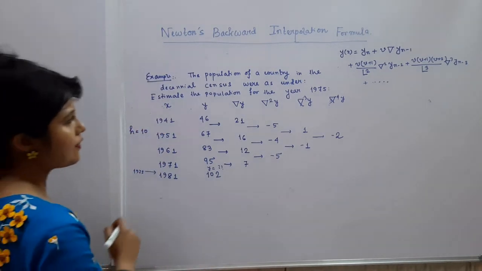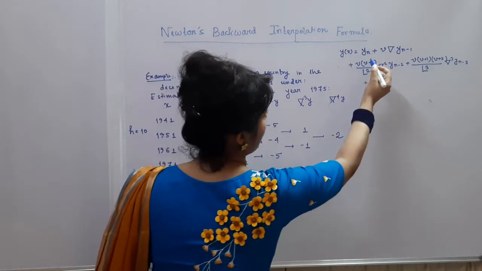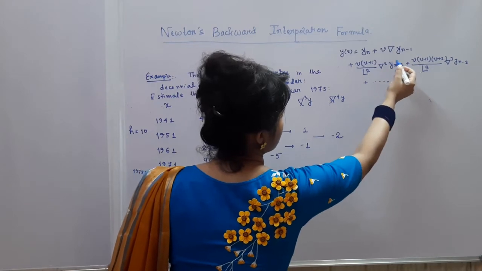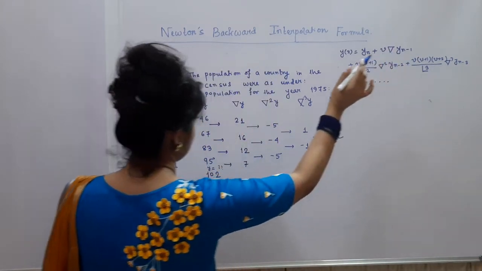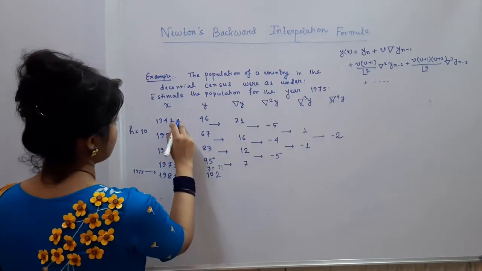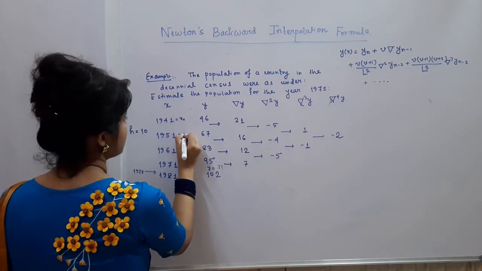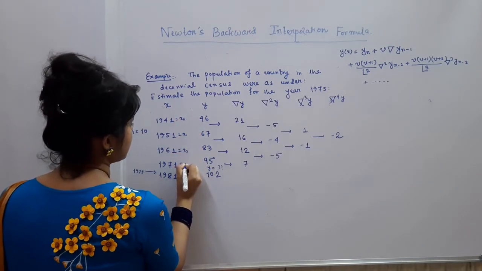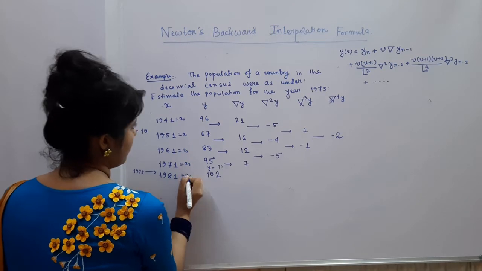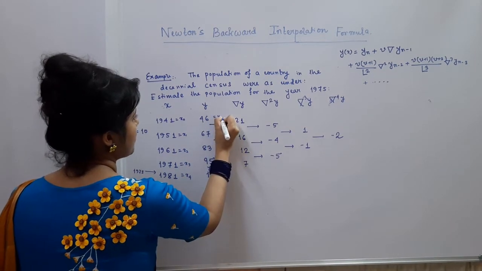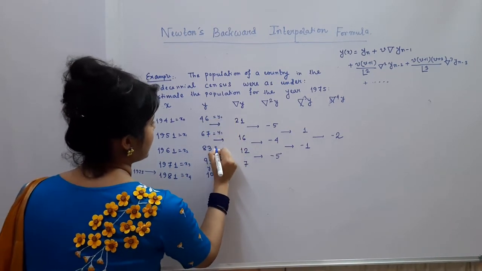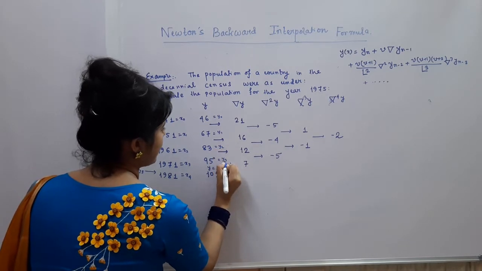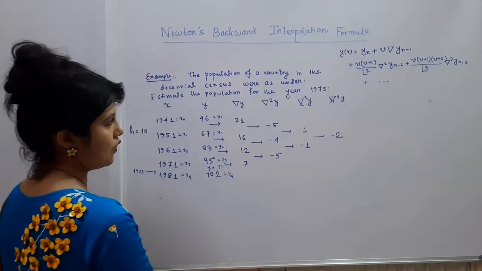Now for Newton's backward interpolation formula, you need yn, delta y n minus 1, delta square y n minus 2 and so on. Here this is x0, this is x1, this is x2, this is x3 and this is x4, and the corresponding y0, y1, y2, y3 and y4.